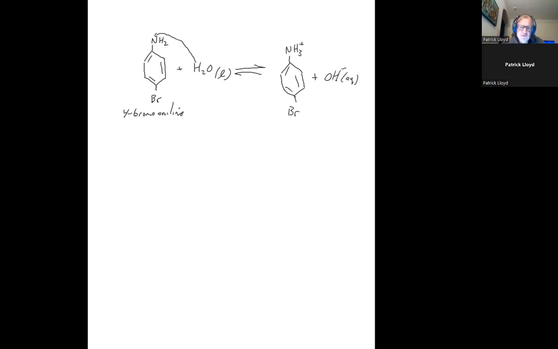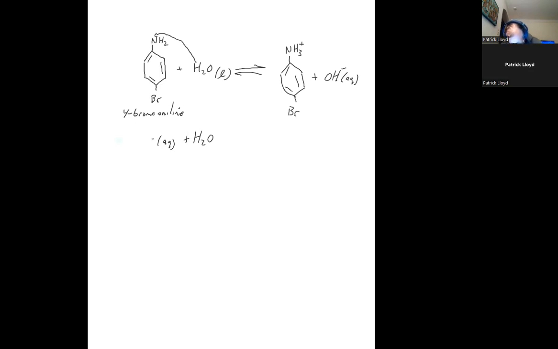Okay, presumably these are all soluble in water. Now, if we want to use it in terms of the formula, it would be C6H6Br. Let me make sure I got that right: 1, 2, 3, 4, 5, 6, plus H2O. Oh, I'm sorry, forgot the nitrogen.